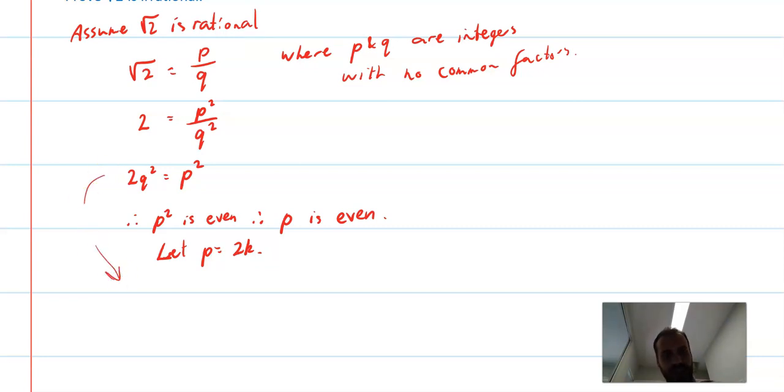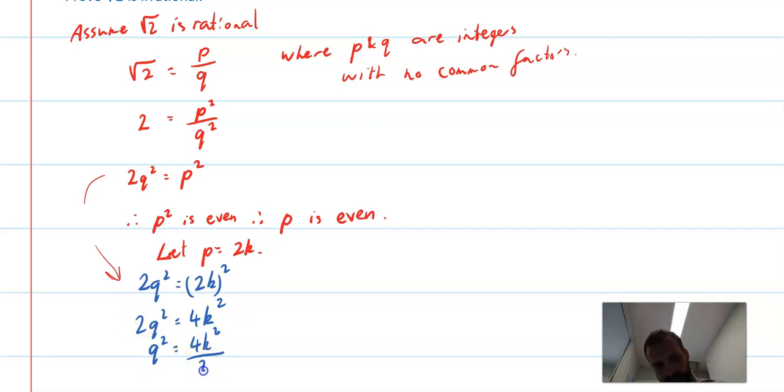I'm just going to change colors here. All right, so we can now say that 2q squared equals 2k squared, which means that 2q squared equals 4k squared. All right, we're getting close. This is a beautiful proof. So we've got q squared is equal to 4k squared over 2, right?